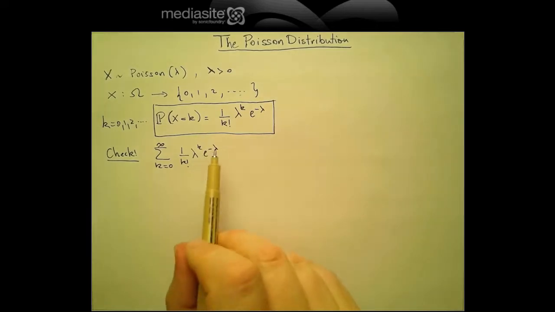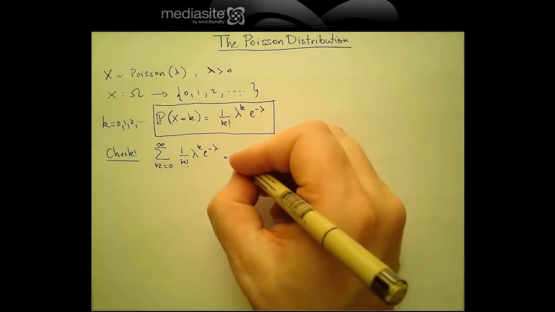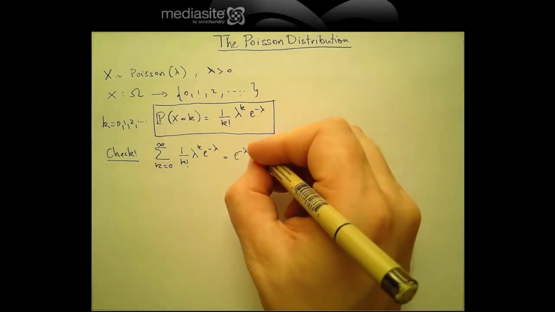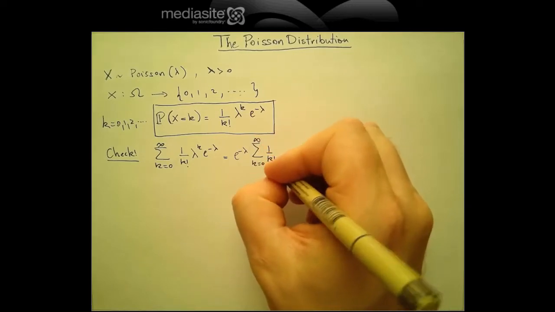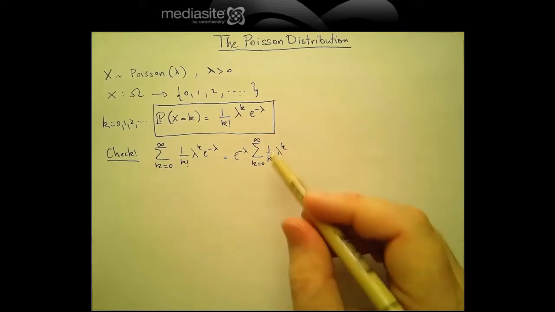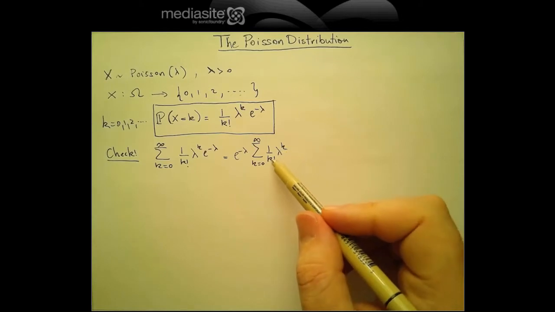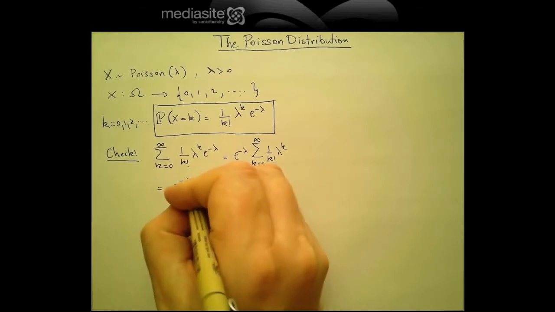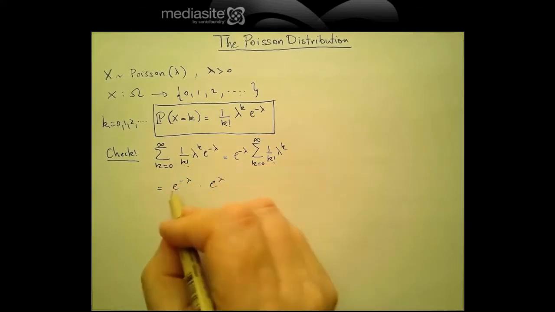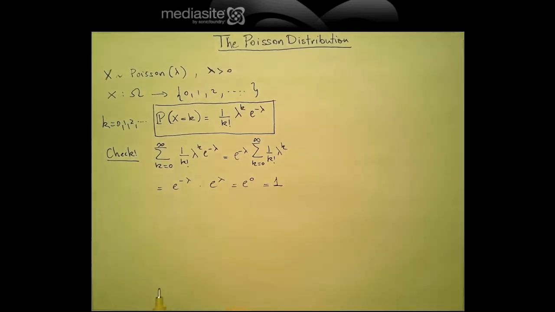First of all, e to the minus lambda does not depend on k, so that comes out in front. And then one may recognize the Taylor series expansion for the exponential. So this is e to the lambda, and e to the minus lambda times e to the lambda is e to the 0, which is 1. Okay, so we have that.